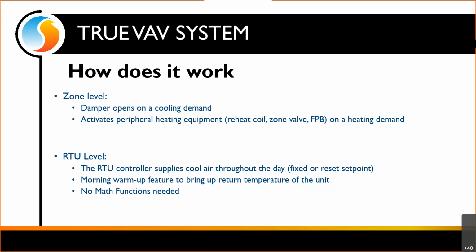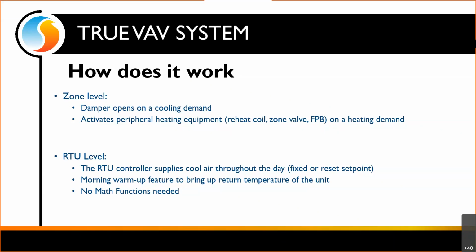And since the zones are actively not voting for heating or cooling, well, we do have to ensure some kind of warm-up function. So every morning, it's going to enter a morning warm-up sequence based on a few factors, such as outside air temperature and the return air temperature as well.